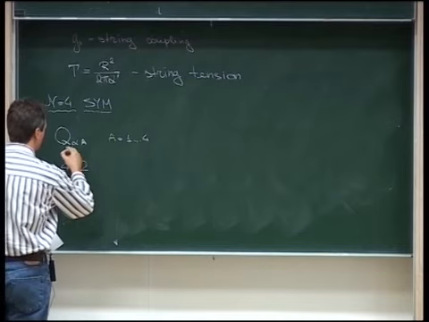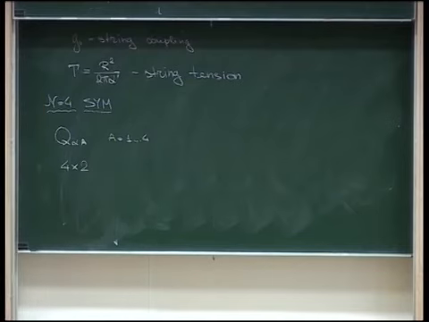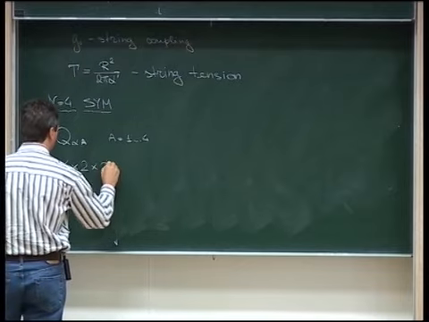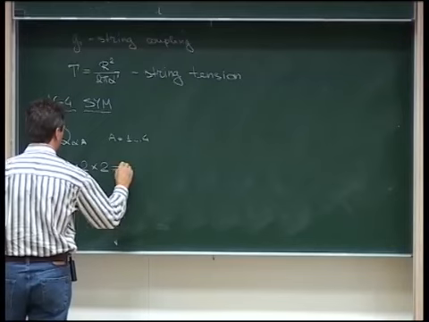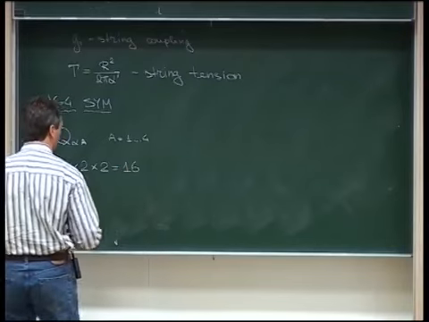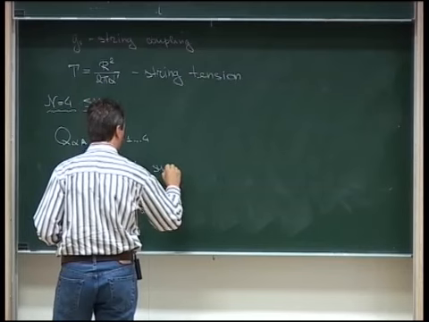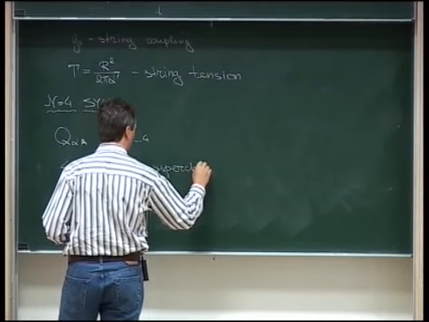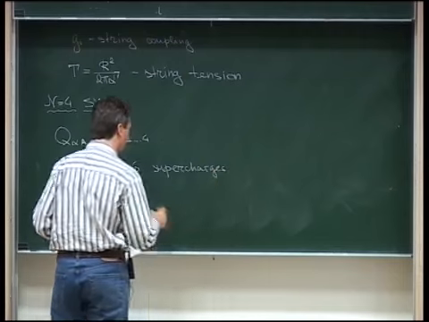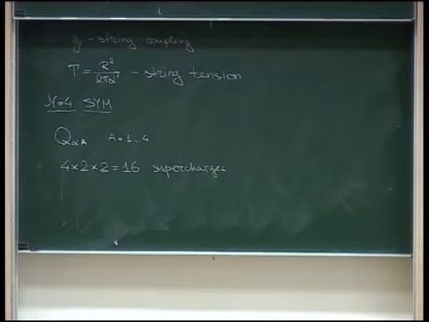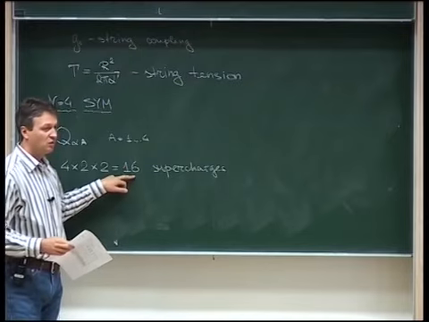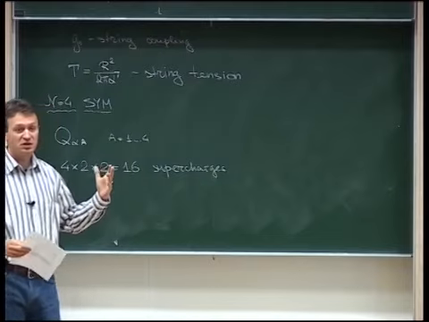Also supercharges are complex, as Weyl spinors in 4 dimensions are complex, so we should multiply by 2 again. So this gives 16 real supercharges. So the supercharge in N equals 4 super-Yang-Mills has 16 independent real components. And this is precisely the dimension of the Majorana-Weyl representation in 10 dimensions.